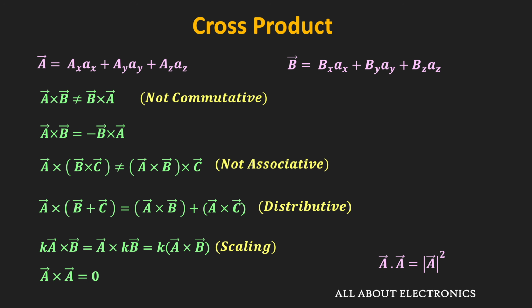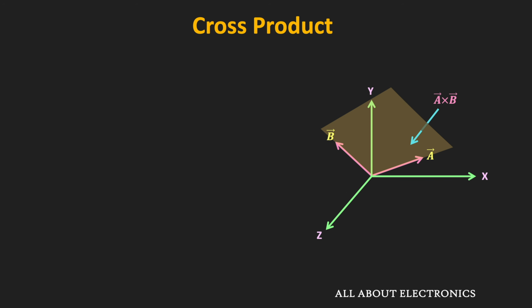Now in case of the cross product, we also know that the resultant vector is perpendicular to the plane containing both vectors A and B, and the direction can be decided using the right hand screw rule. As per that, this AX cross AY will be equal to AZ, where AX and AY are the unit vectors in the direction of X and Y. Similarly, this AY cross AZ will become AX, and likewise, this AZ cross AX will be equal to AY.